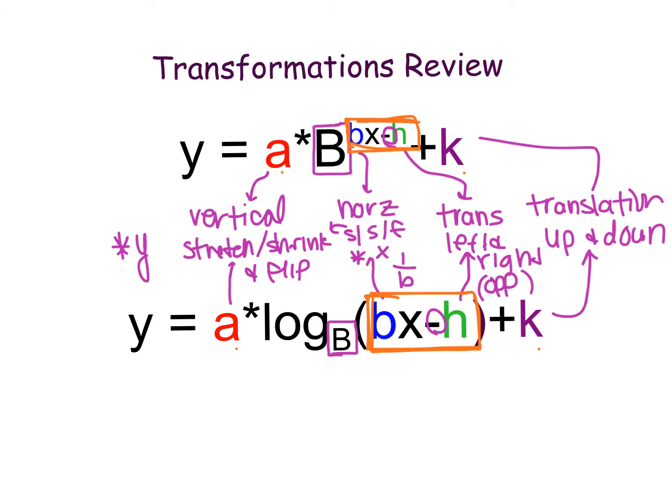That's why b and h get applied to x, and a and k get applied to y. So hopefully you're remembering your transformation rules from previously, and we're going to apply those exact same transformation rules to these new functions we've been studying here in this unit.